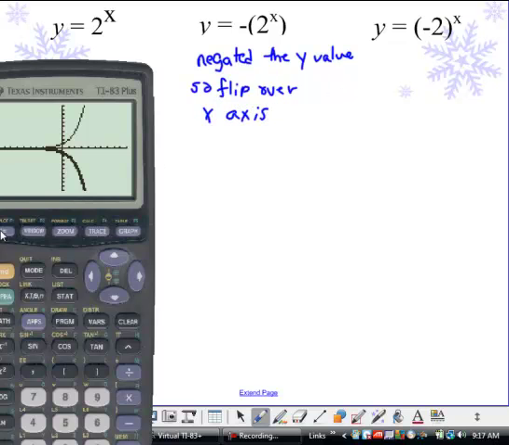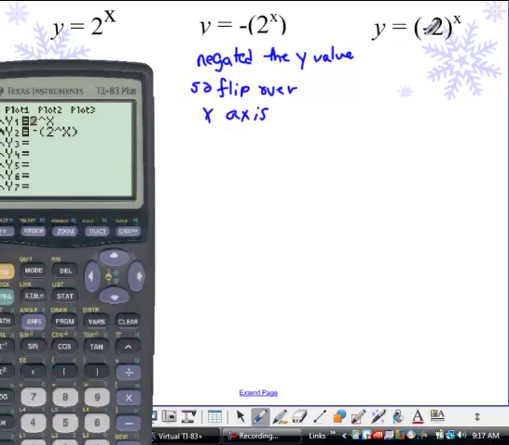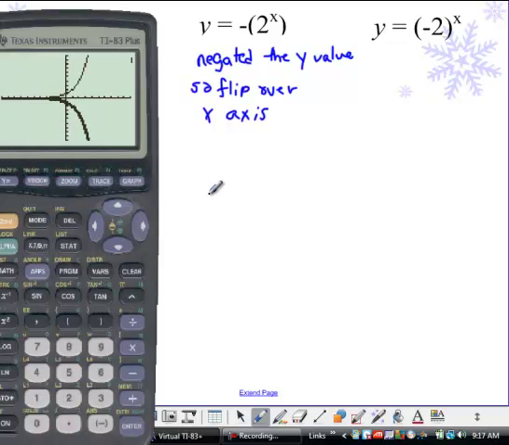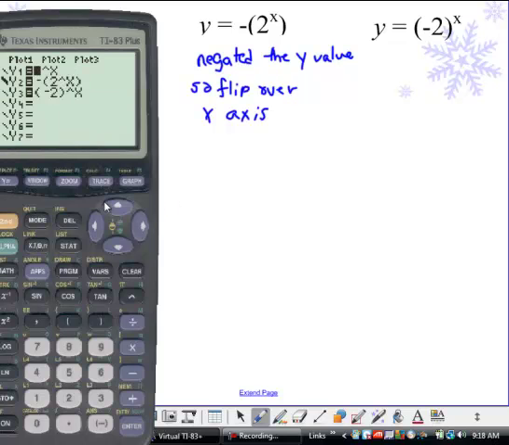And now I'm going to come over here and enter in this third graph. Parentheses, -2. Now I'm going to end the parentheses and raise that to the x. Hey, it didn't show up. All right, I'm going to turn off these other two.